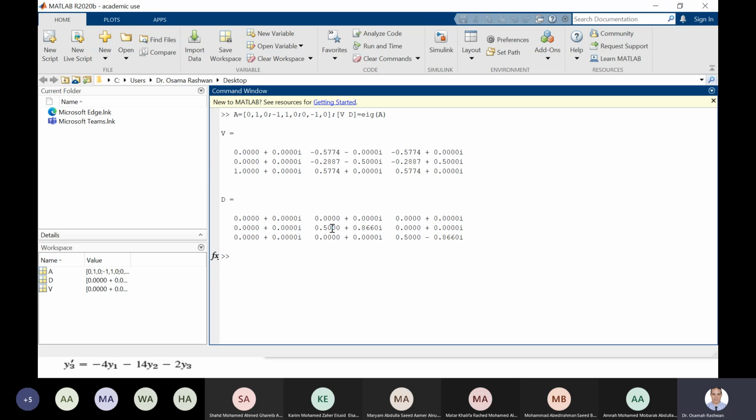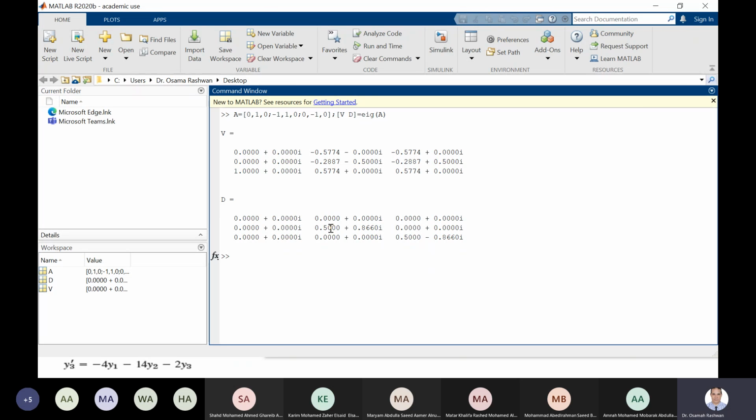complex numbers. Okay. So what you are going to do after you find this one, either by hand or by Matlab, what is your solution now? Your solution should be what? y1, y2, y3 equal to what?